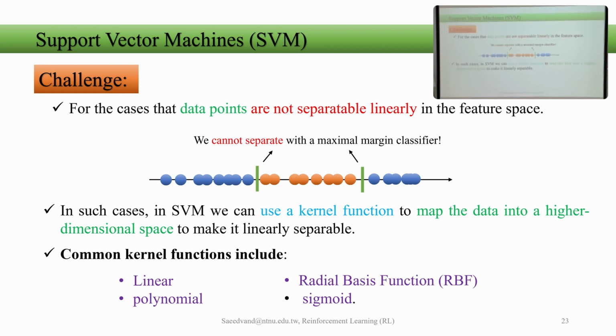We say in such cases, we can use a kernel function that maps the data into a higher dimensional space to solve the problem. Think about how that is possible if we want to solve it with higher dimensional space.